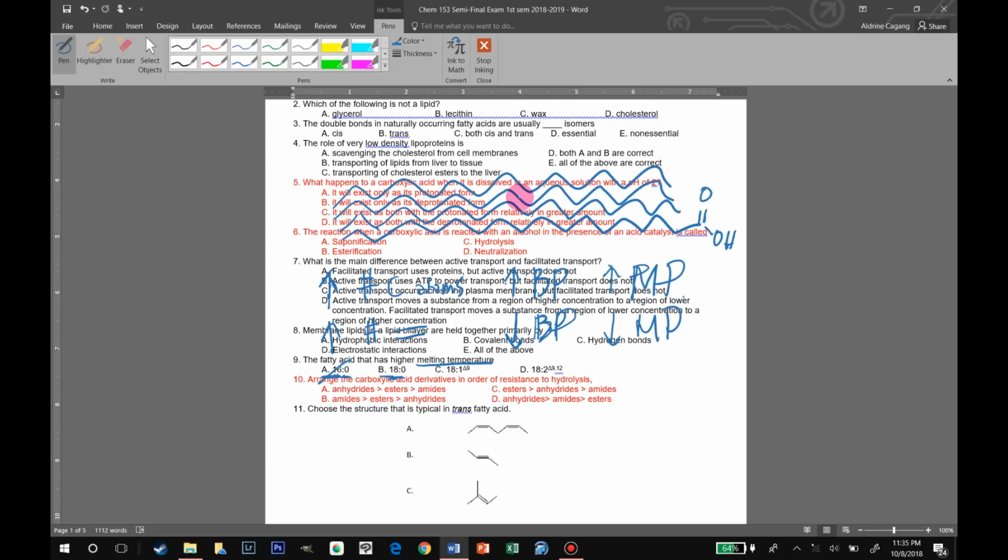In comparison to, let's say, letter C, if you introduce at least 1 double bond, the structure is going to kink out, and it's going to introduce a disorder to your structure. It's going to be more liquid. Then you have a lower melting point if you increase the number of double bonds. So the correct answer here is letter B.